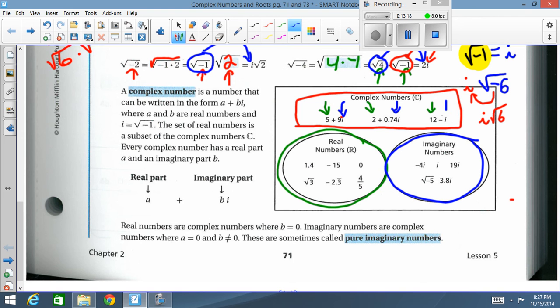That's the parts here that have the i's with them. Real parts and imaginary parts together make up a complex number.